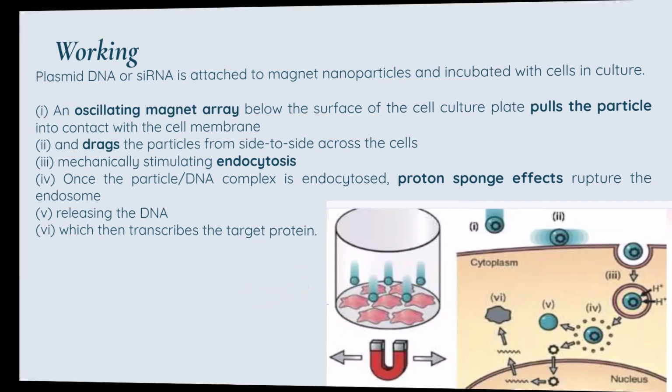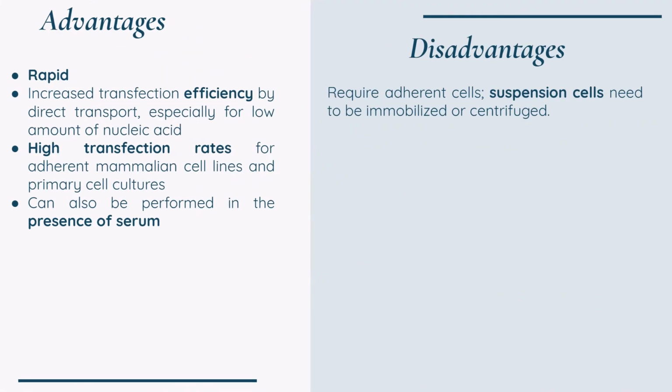Okay. Now the advantage is that it is very rapid and it is very efficient. Then high transfection rates can be obtained, performed in presence of serum. If the adherent cells are present inside the serum, and even if the serum is containing any ions or whatever, it doesn't really matter, because the magnetic field is being given and the nanoparticles will be targeted into the cells, and the endocytosis of the magnetic particle will occur.